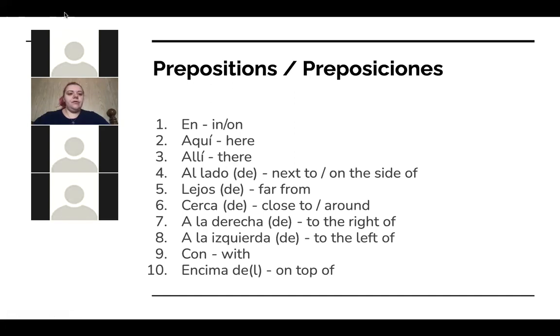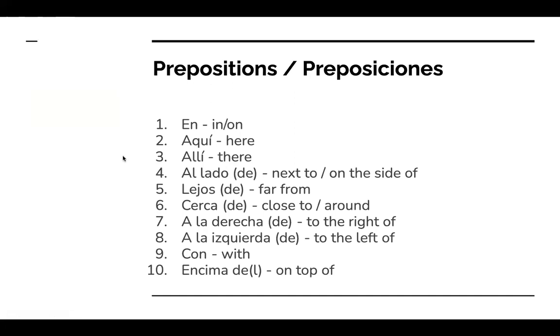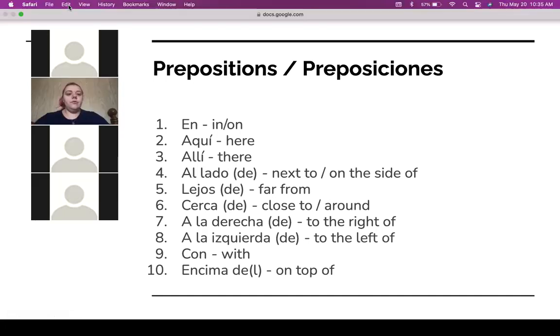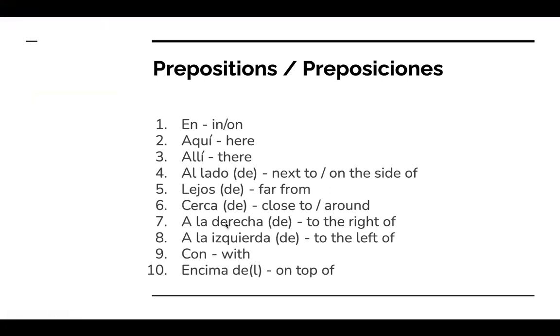Cerca de is close to or around something, like in the general area of something. A la derecha de is to the right of. A la izquierda de is to the left of. Con, with, and encima de or encima del is on top of. Does anybody have any questions on that?